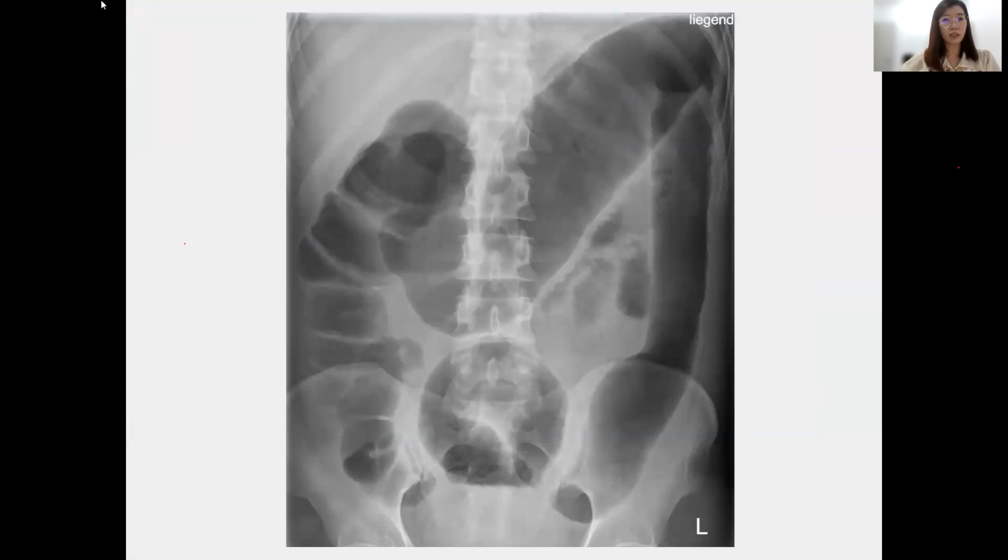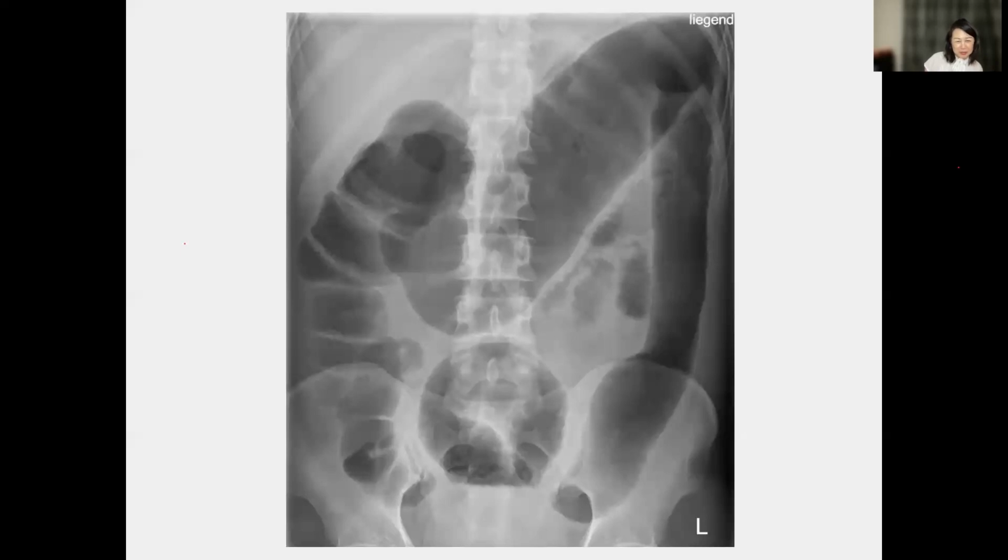What's the diagnosis? Very easy. Guys, what's the diagnosis? Everybody's sleeping off already. Okay, large bowel obstruction.